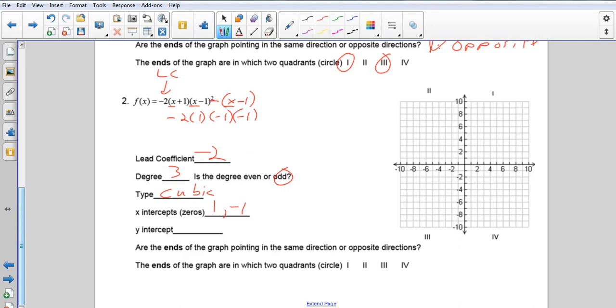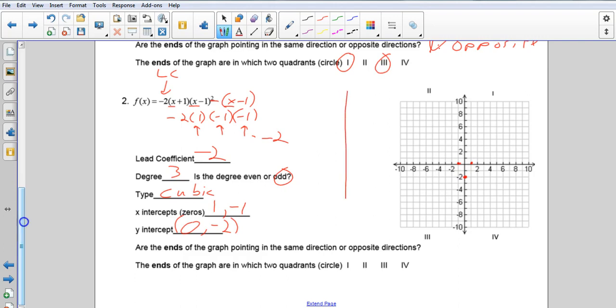If I plug 0 into all three parentheses, 0 plus 1, 0 minus 1, and again 0 minus 1. Well, a negative times a negative times a negative is negative. And 1 times 1 times 2 is 2. So that means my y-intercept is at 0, negative 2. Right here. My x-intercepts are at 1 and negative 1.